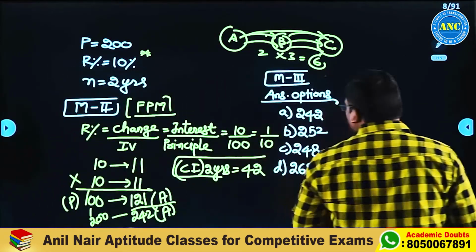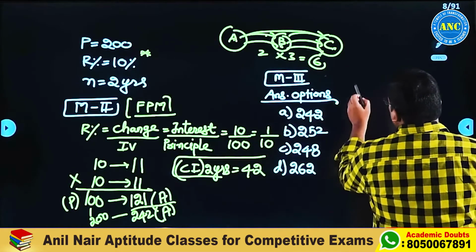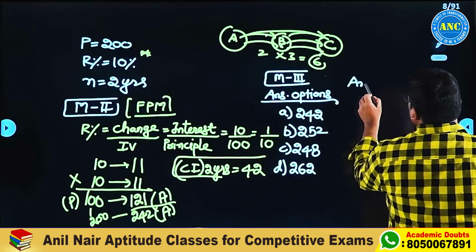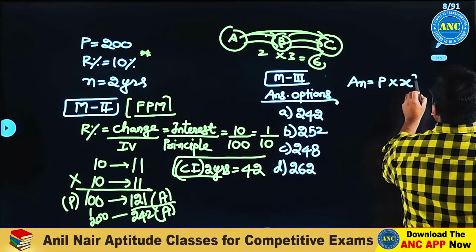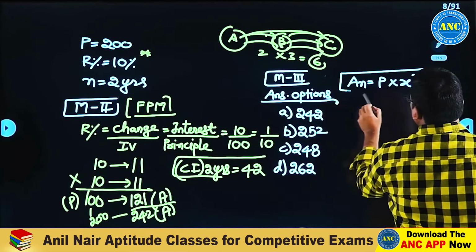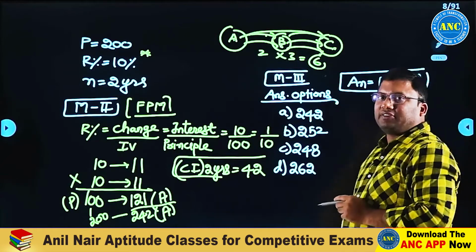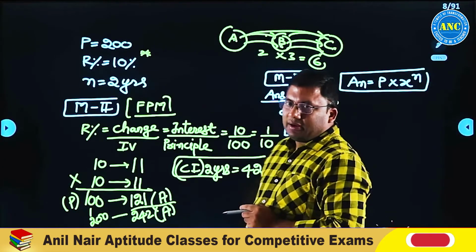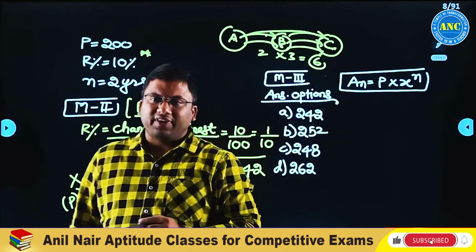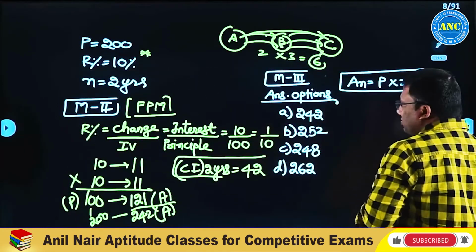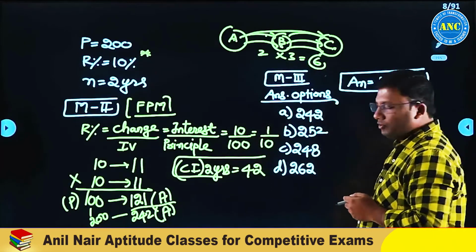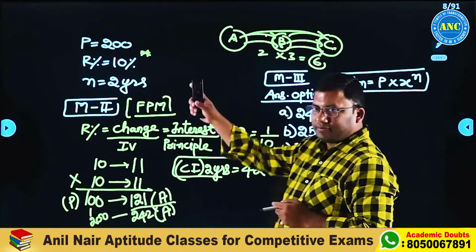Now listen carefully, sir. We already discussed amount after n years is principal into scaling factor power n. I will write like this because it becomes a habit for you. See here, this is the question.